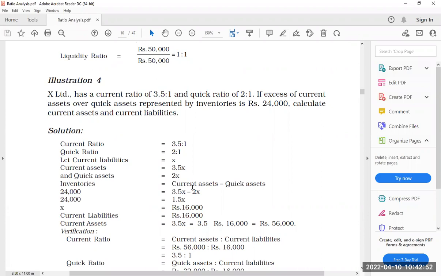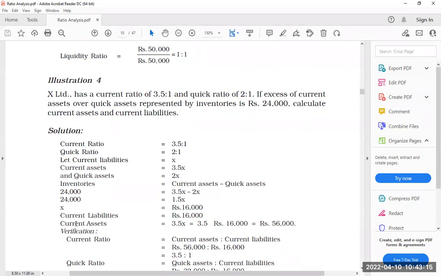So X is equal to 24,000 divided by 1.5, that is equal to 16,000. What is X we have taken? X is nothing but current liability. If X is equal to 16,000, current liability is equal to 16,000. Then how much is the current asset?